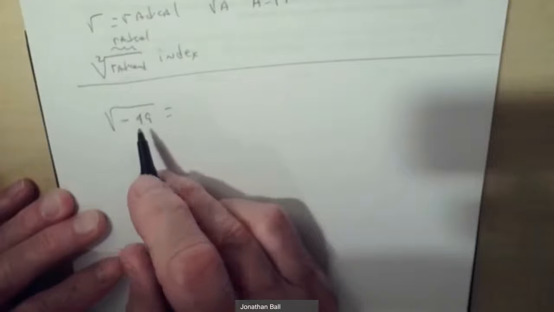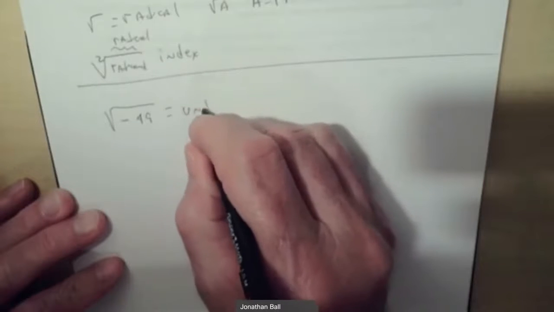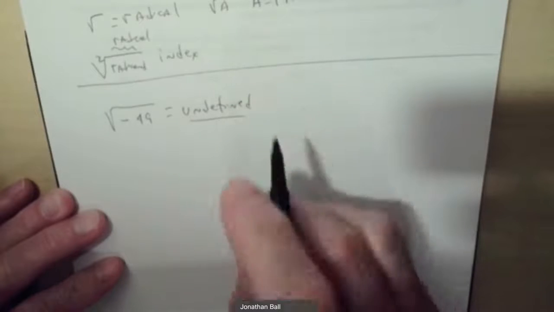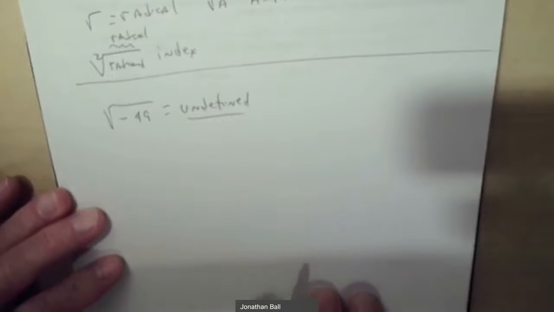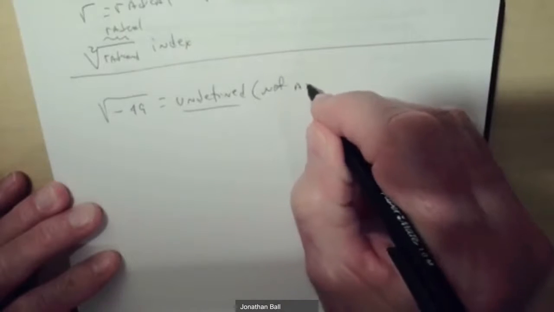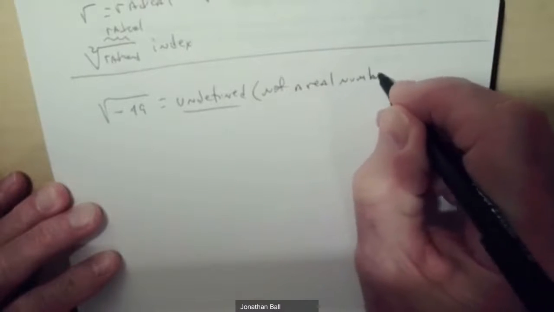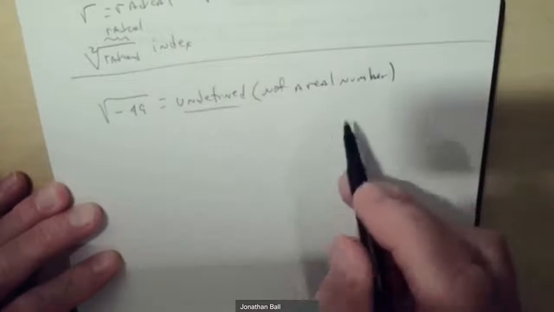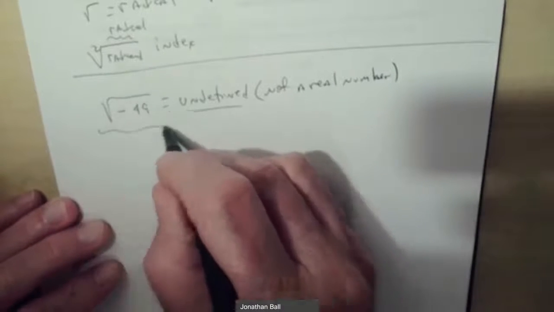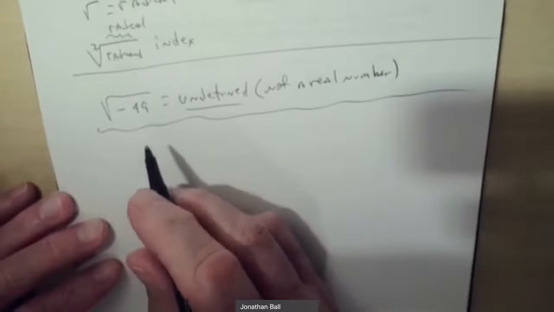There is no number times itself equal to a negative number, so this is undefined for now, not a real number. As I said, we'll have a way of dealing with this later, but for right now, we're just going to call it undefined or not a real number.